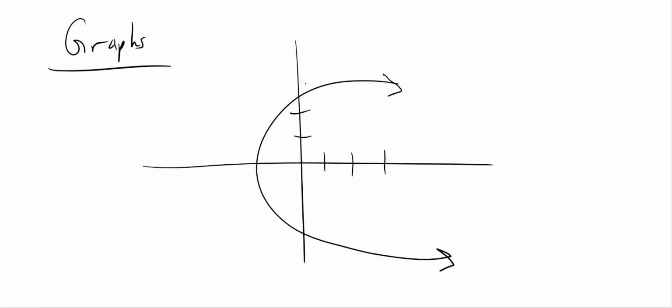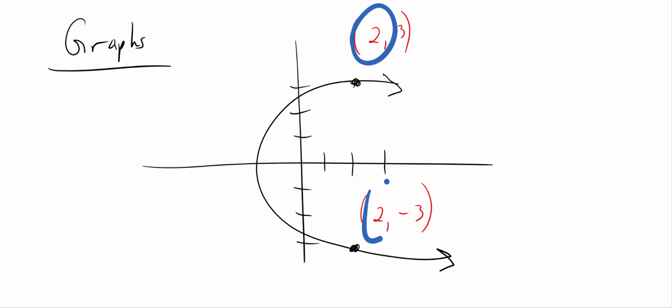If I look at this point right here, and this point right here, and I ask you what point that is, you would say that's 2 comma 3. And this point is 2 comma negative 3. You say, Mr. Curvis, this is not a function because the X values repeat. And I would say, you're right, so this is not a function.